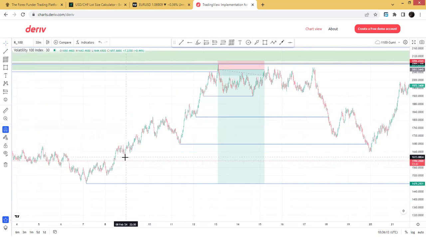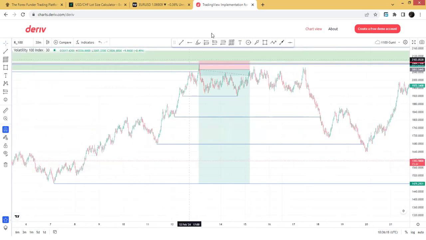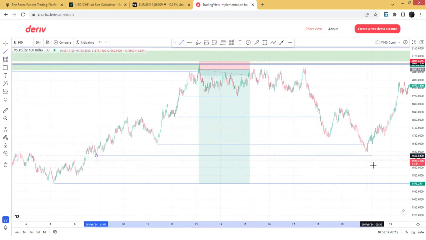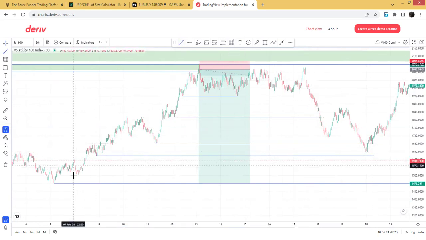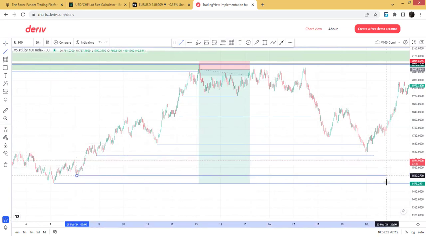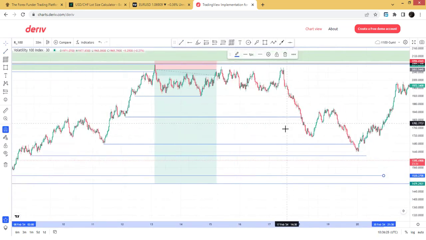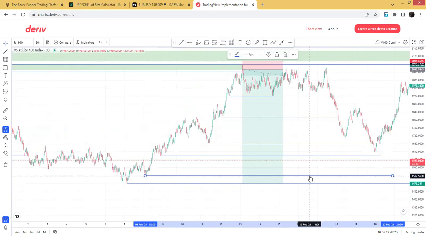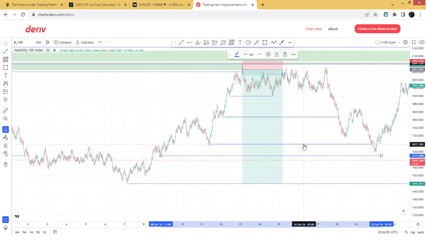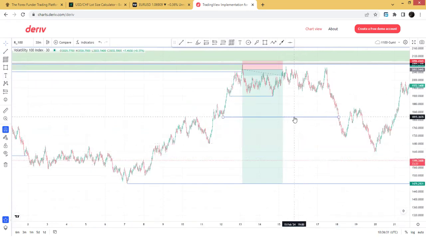And then maybe I'll take partials here as well, at this level, and then the final level. So I'm just trying to show you this so you understand. Our swing lows in this case are our take profit points, the way we trade.